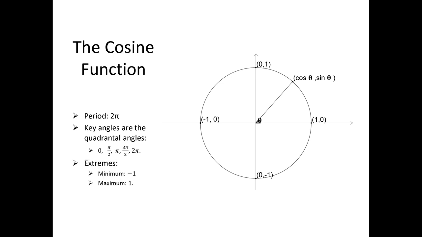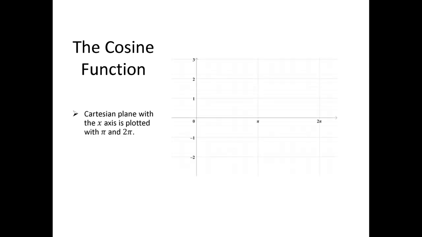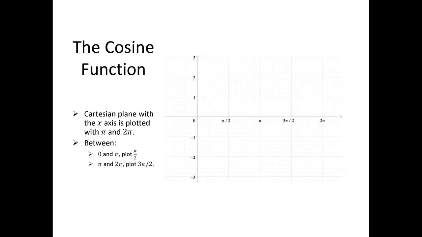Extremes are the same. Now, proceeding to the graph, we're going to start with the same Cartesian plane with a period that goes from 0 to 2 pi. Then we further plot pi over 2 and 3 pi over 2. However, this time, the values at which the cosine function is 0 are quite different.